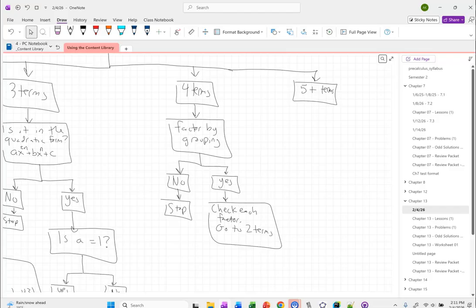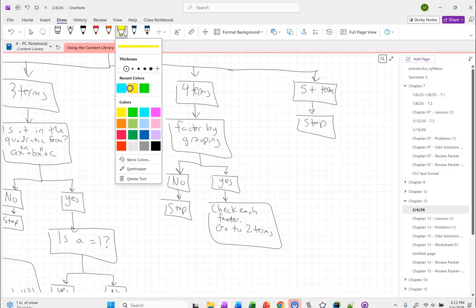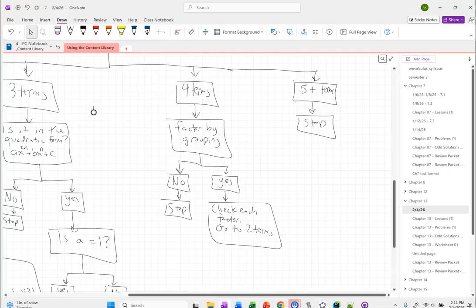If it works, we factor it, and we have to check each of those factors down the 2-term branch. And if it's 5 or more terms, we just stop.